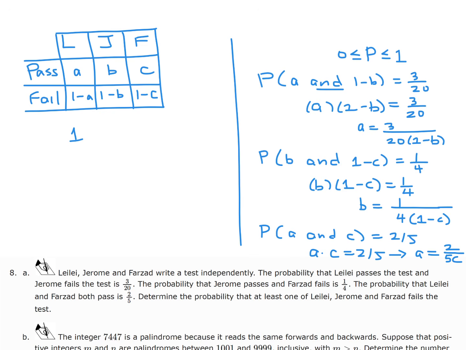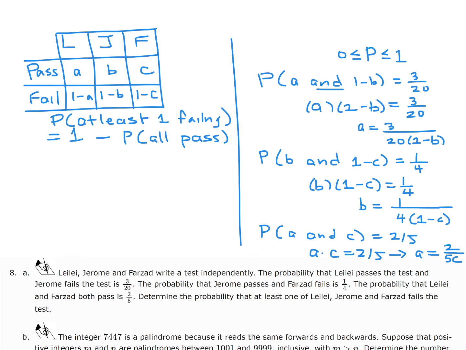The probability of at least one failing is equal to 1 minus the probability of all of them passing, right?